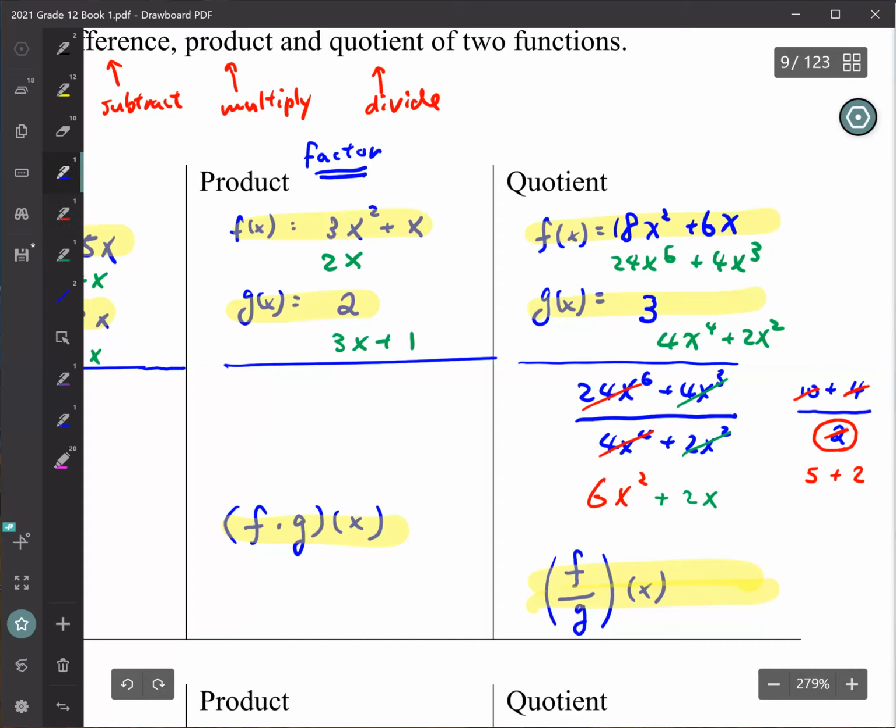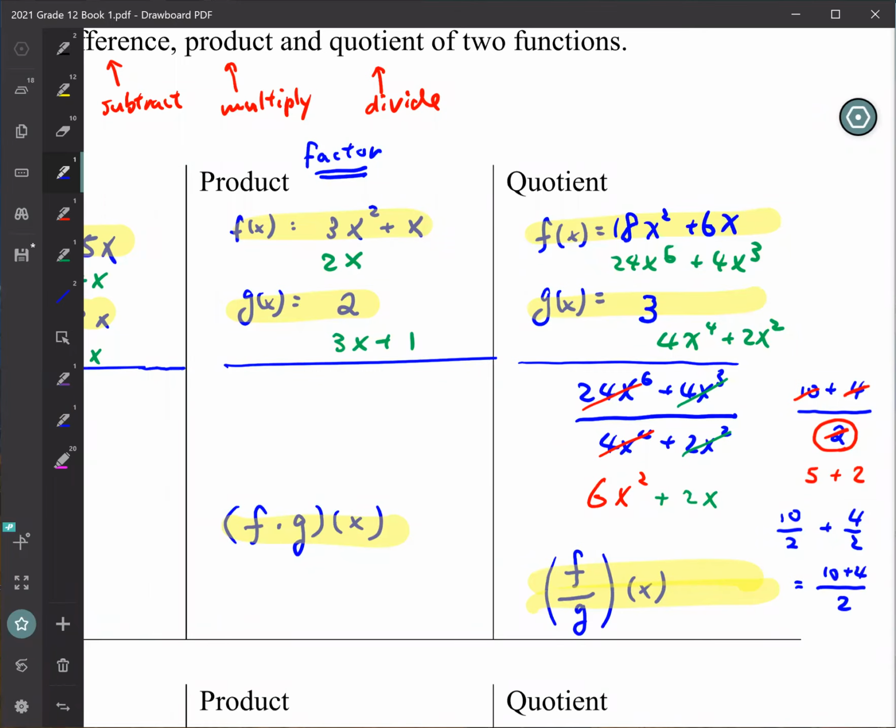Think of it like a fraction: 10 over 2 plus 4 over 2. They both have a 2 in the denominator, so you can write it as a single denominator. Make sense? Then of course you can go back and split the fraction. So you can only split if you have only one denominator.